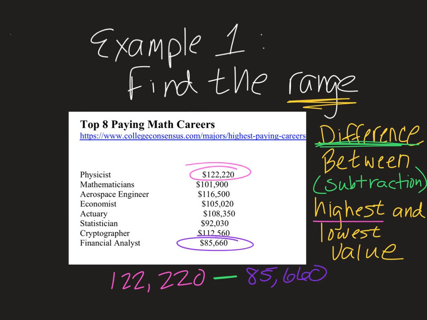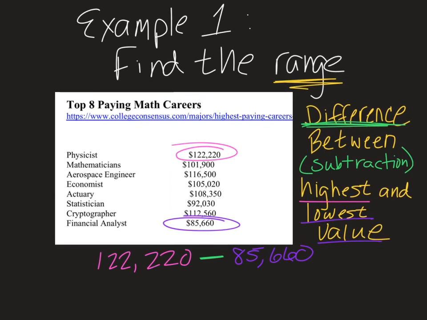Okay, so we're going to subtract our highest minus our lowest, which means that our range is going to be $36,560.